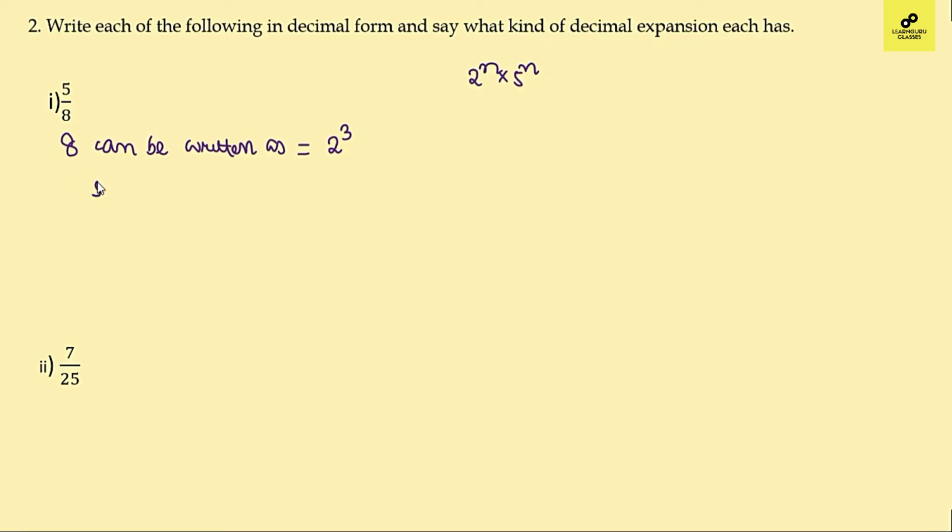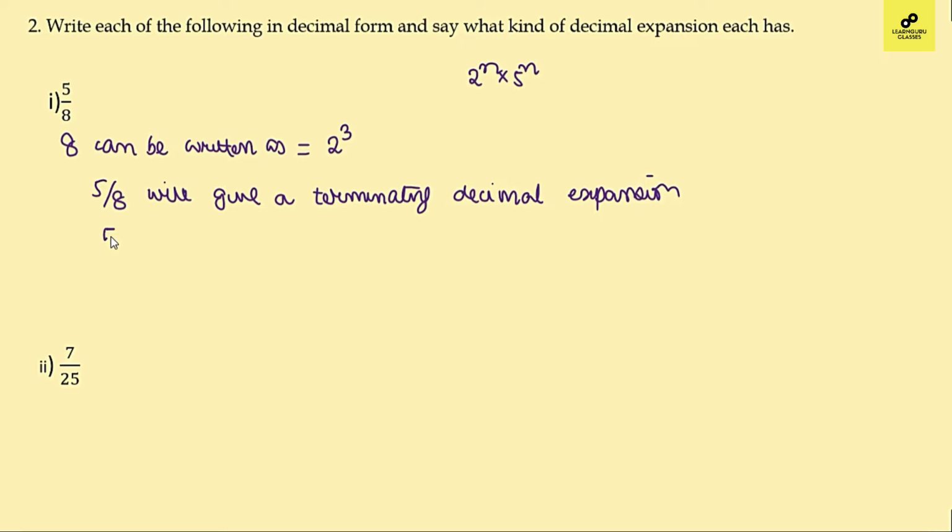So 5 by 8 will give a terminating decimal expansion.